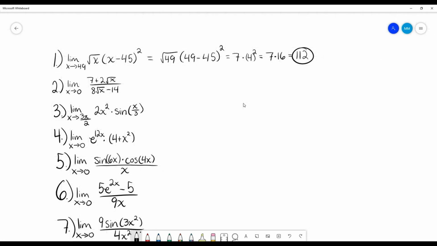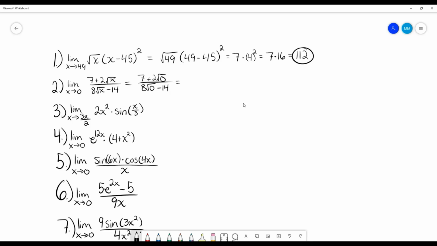And so luckily for us, direct substitution worked there. We're going to try that again for number 2 and hope that we get an answer. So we're going to plug in this 0 this time because we're looking for around that point. So just plugging in a 0 wherever I see my x, as you do.